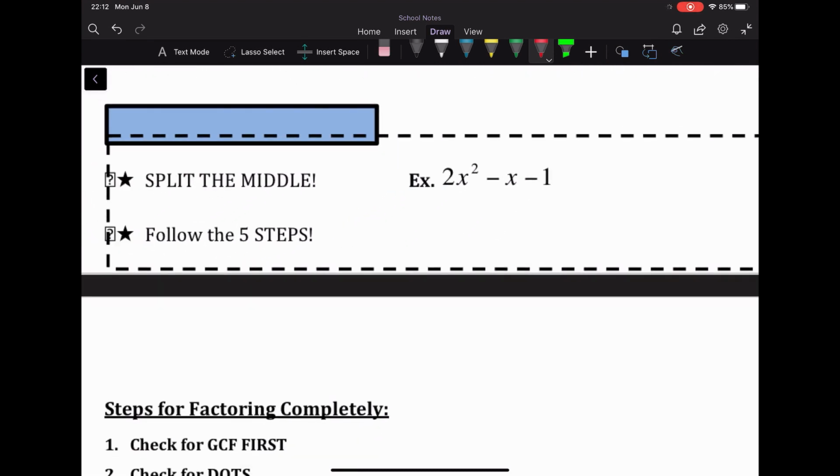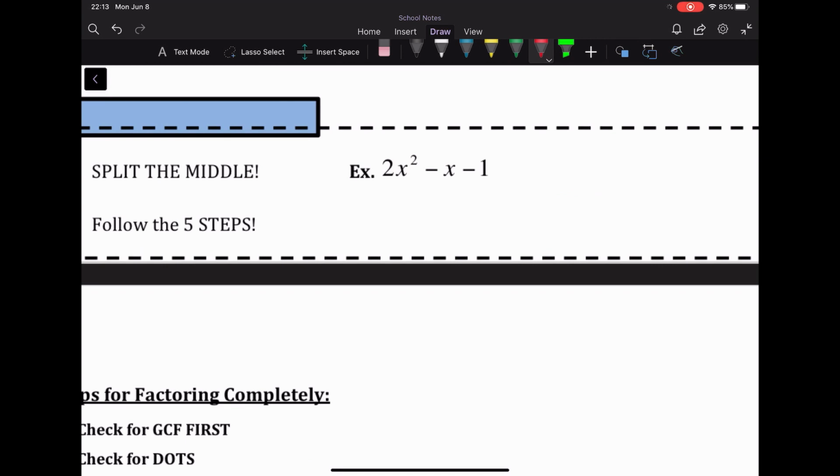Now our next one is similar to the do now. We can use our earphone method for this one. So we multiply these together, we're going to get -2. So what two factors of -2 add up to -1? In this case, it's going to be -2 and +1. So we'll have 2x squared minus 2x plus x minus 1.